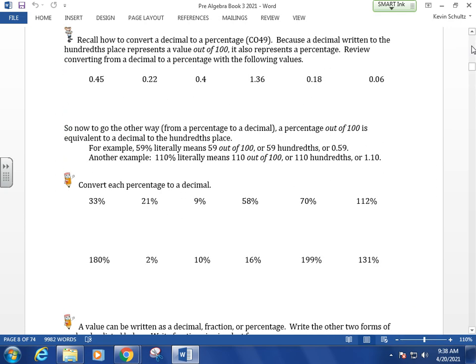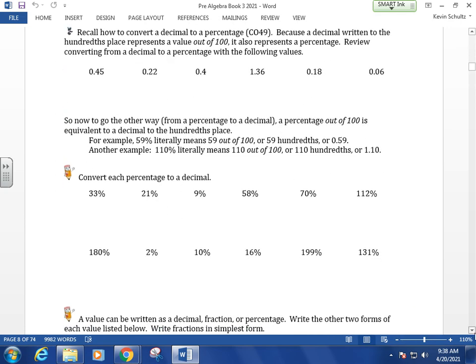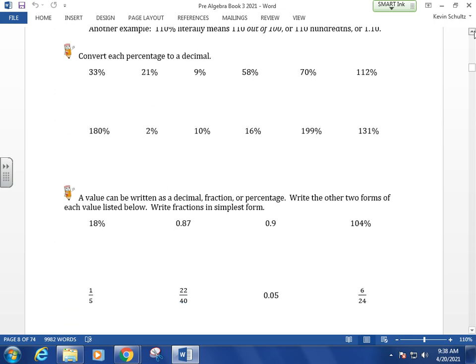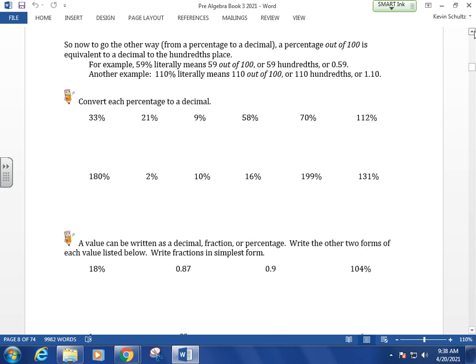It's kind of the same thing here where 33%, again, thinking of percent as out of 100, the decimal 0.33 is 33 hundredths. 21%, 21 out of 100, the decimal 0.21 is 21 hundredths. Okay? There's a direct relationship there, especially between percentages and decimals.